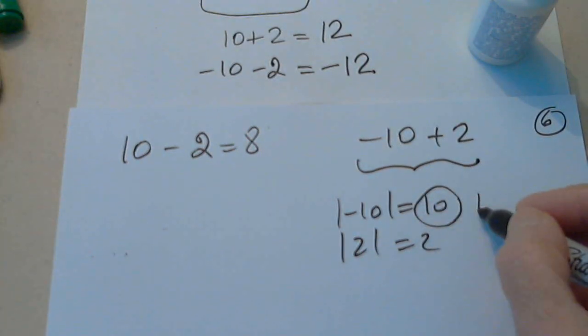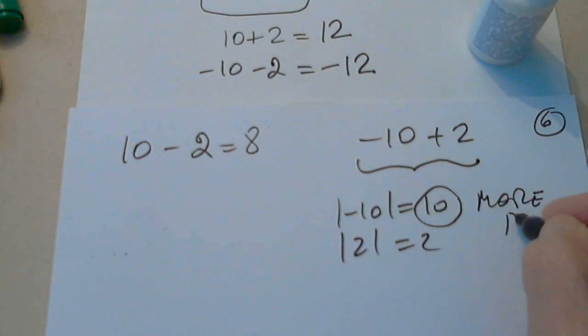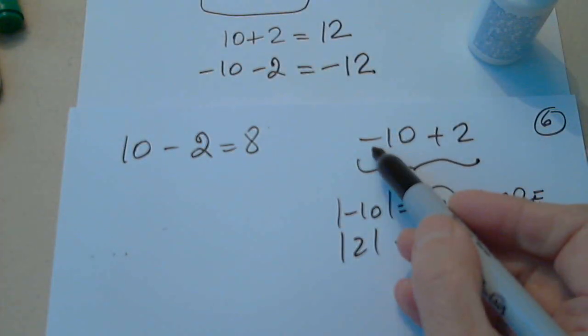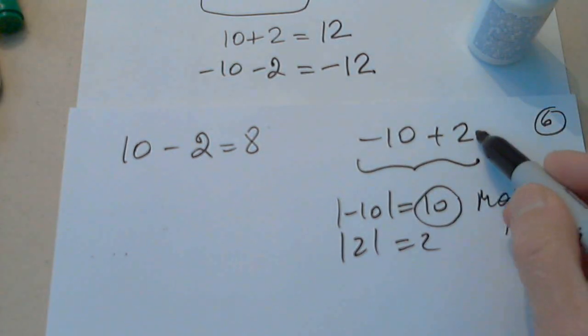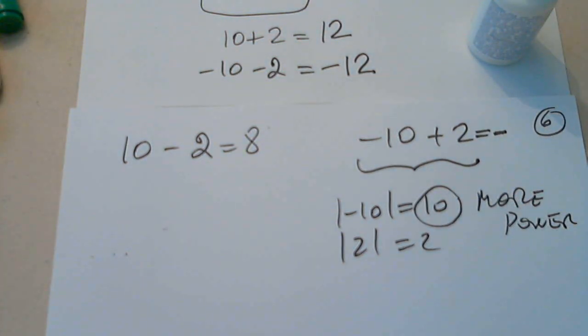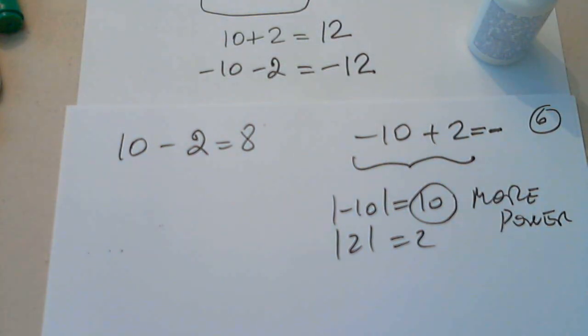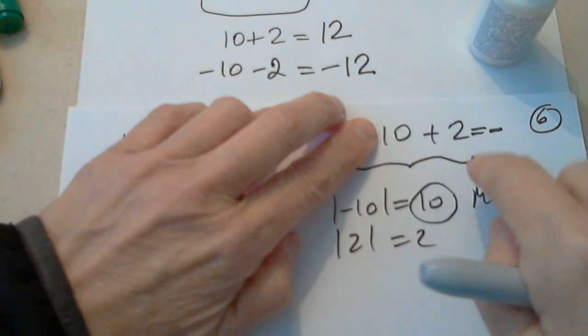So this has more power. This will dictate. And because 10 is a negative number, the final outcome will be a negative number, only because -10 has more power than +2. So first I will establish the sign, and then in my head I say 10 minus 2 is 8.